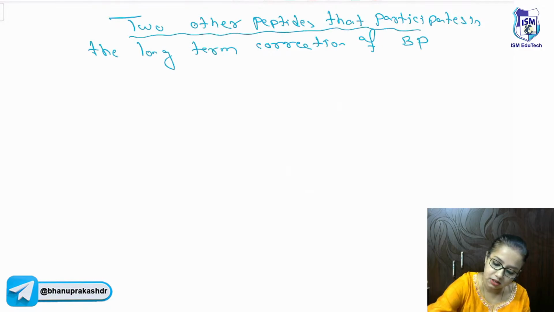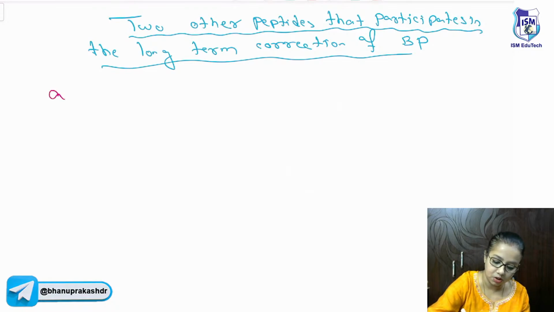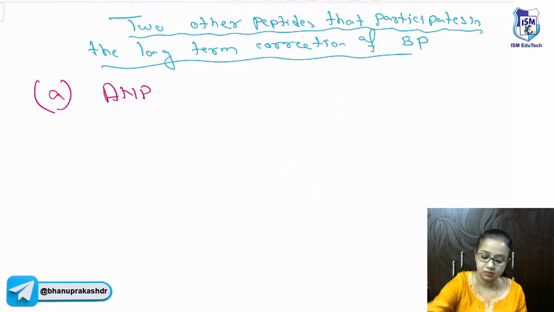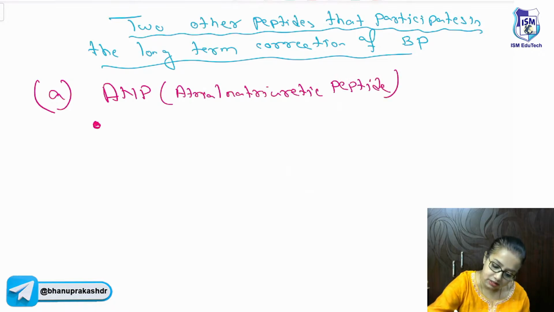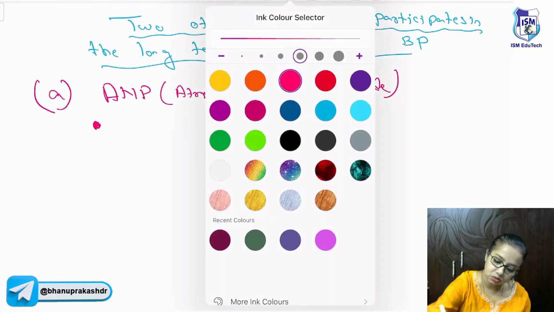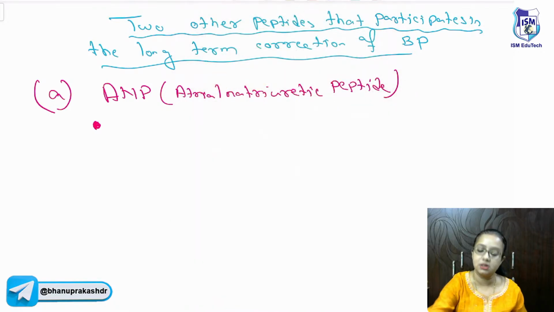Now, what are those two? The first one is the ANP, atrial natriuretic peptide.